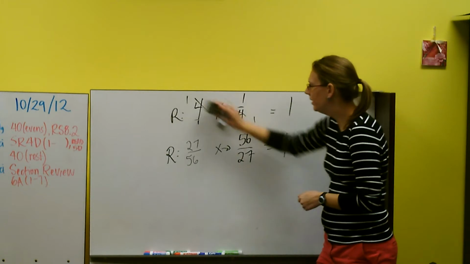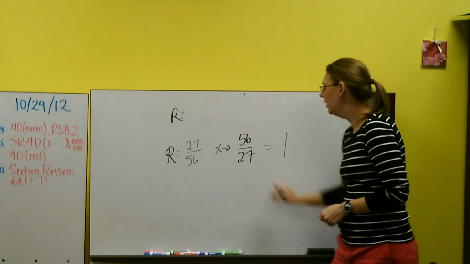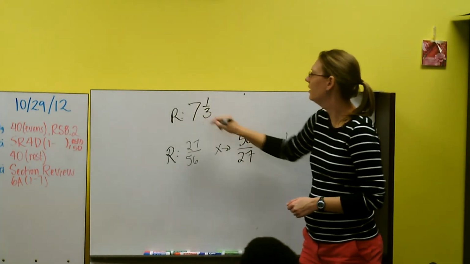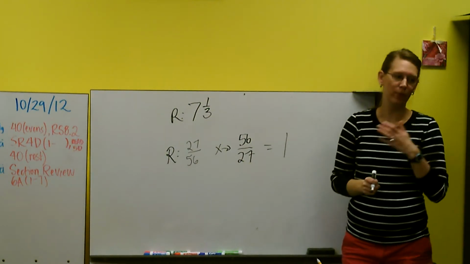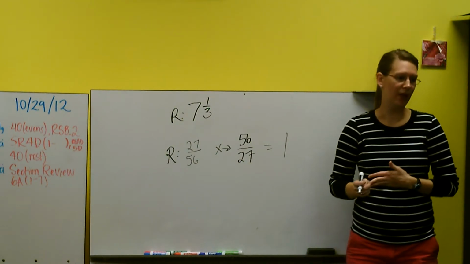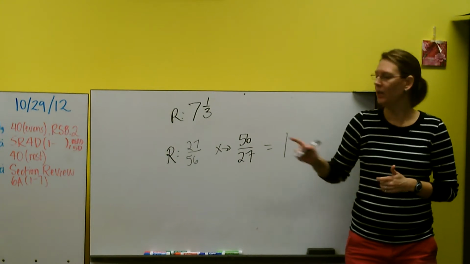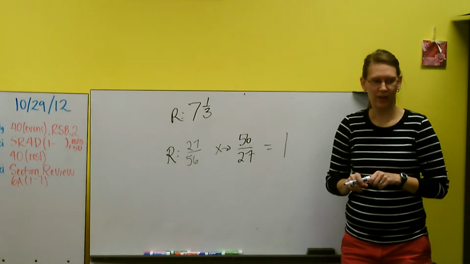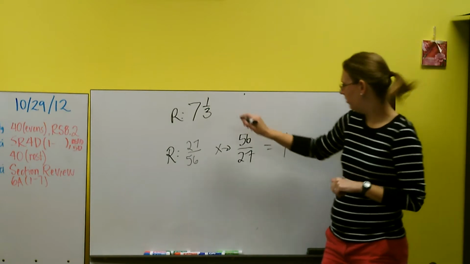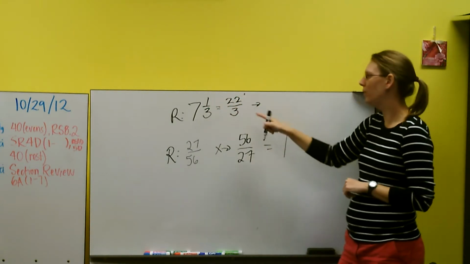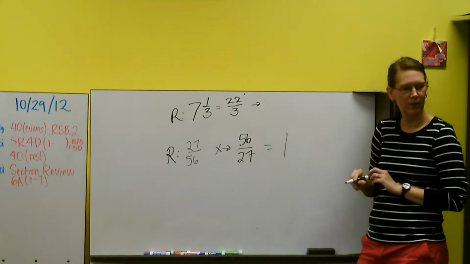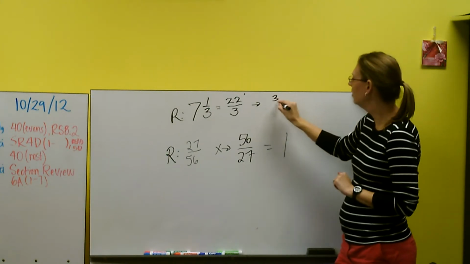Okay, let's look at a mixed number. So if you take a mixed number, let's say 7 and 1/3. For any mixed number, in order to give the reciprocal of it, you're going to have to make it into an improper fraction to start with. So what would the improper fraction for this one be? 22 over 3. Good. So the reciprocal of 22 over 3 would be 3 over 22.